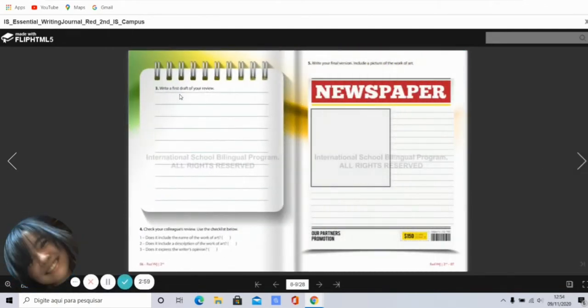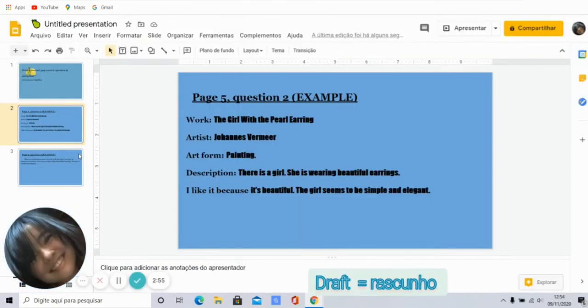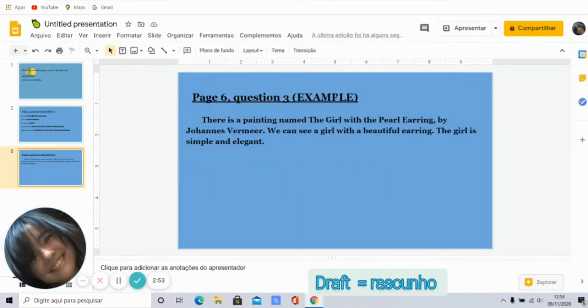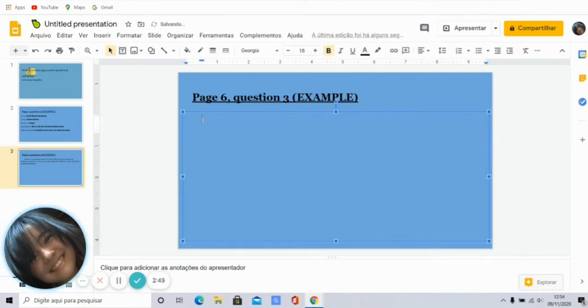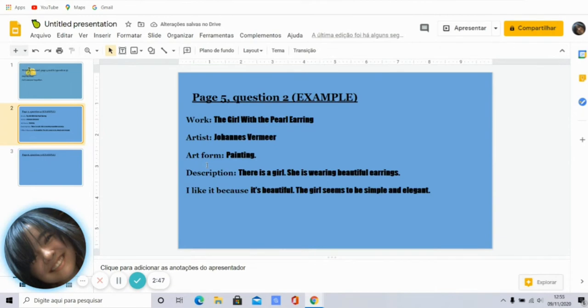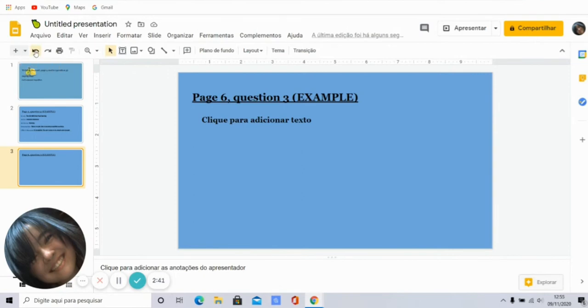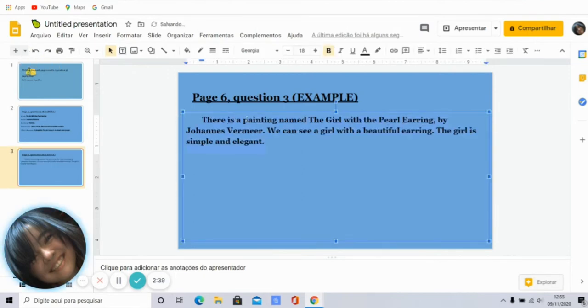3. Write a first draft of your review. Okay. Page 6, question 3, example. So I'm gonna get this information over here and write it in the form of a text. Let me go back. There it is.